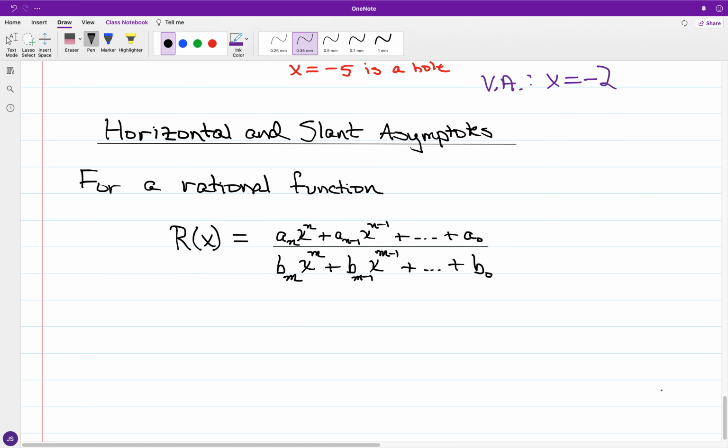So for this rational function, n is going to be the degree of the numerator, and the letter m is going to be the degree of the denominator.